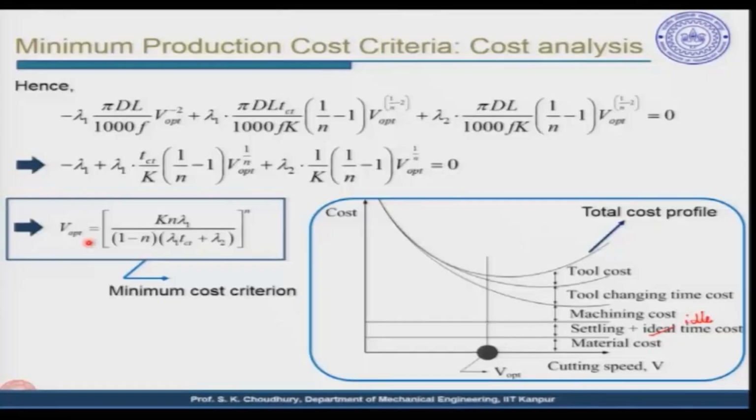The value of f or d, the depth of cut, that we get will be the optimum value. Here we have neglected that and taken only the optimum velocity, and similarly you can also get the optimum value of the feed and the depth of cut.